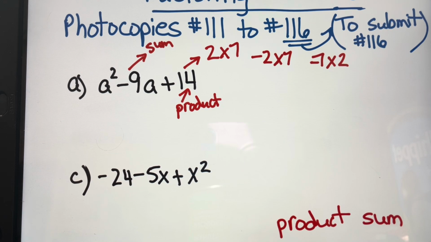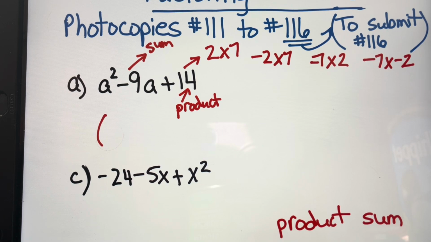So that means I could try -7 times -2, because a negative times a negative flips to positive. So that would still preserve my +14. And if I do -7 plus an extra -2, that gets me the sum of -9.